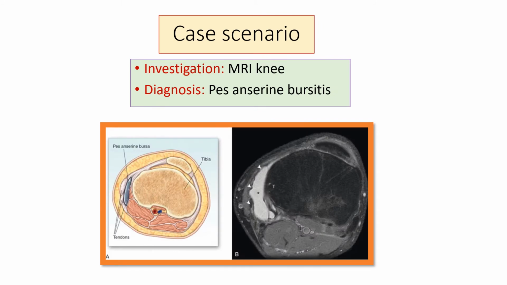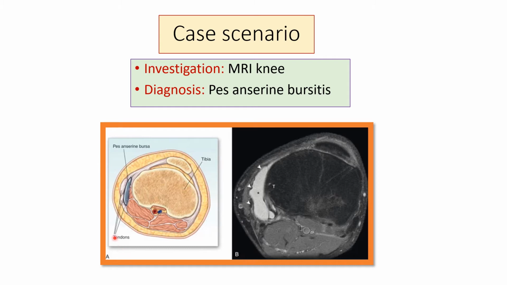The investigation that was advised was MRI of the knee, and based on the MRI picture, it was diagnosed as the pes anserinus bursitis.